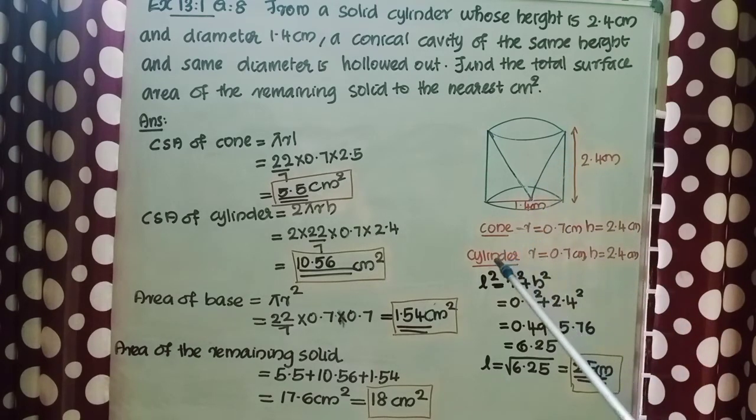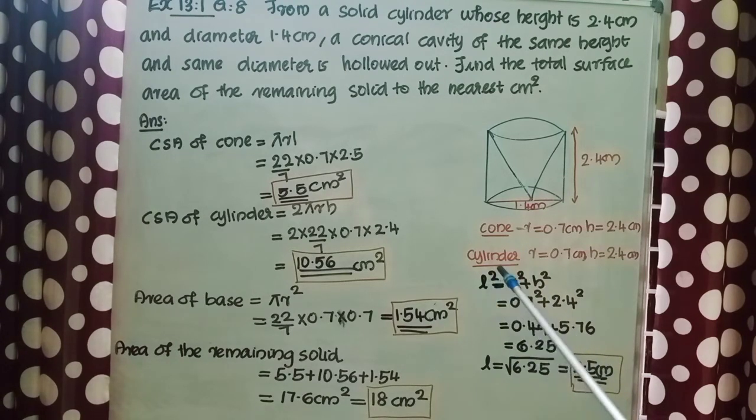Here the radius of cylinder is 0.7 centimeter and height is 2.4 centimeter. Therefore, radius of cone is also 0.7 centimeter and height 2.4 centimeter. Here, slant height of cone is not given. So, let us find it first.